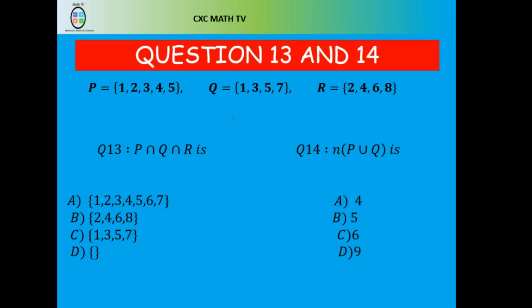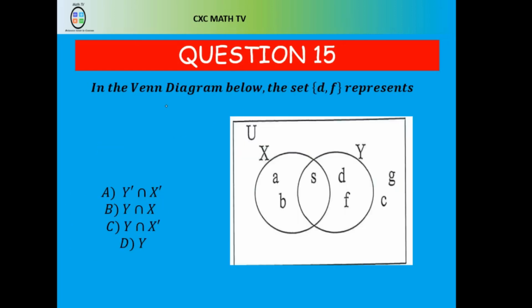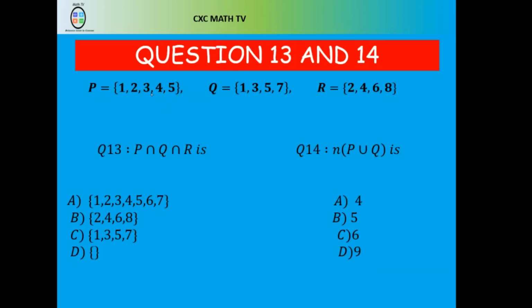Okay, question 13 and 14. We have 1, 2, 3, 4, 5 for P, Q is 1, 3, 5, 7, and R is 2, 4, 6. Find P intersect R intersect Q. What's in common with all of these sets? First, let's look at P and Q. Both of them have 3 and 5 in common.